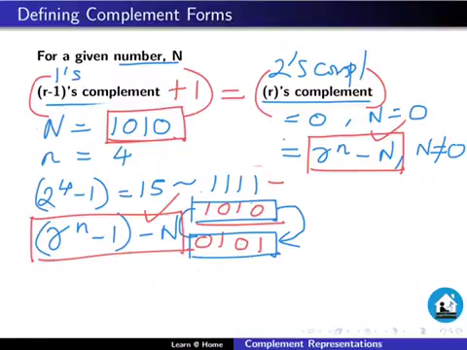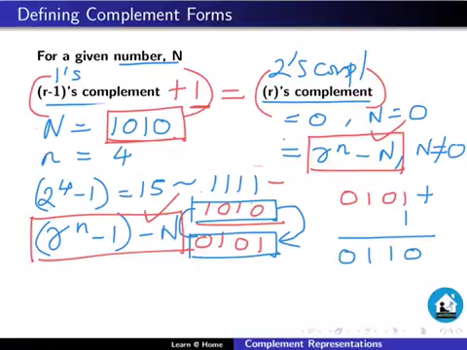And we have already found the 1's complement, that is 0 1 0 1. To find the 2's complement, I just need to add 1 to this number. So I add 1 with this number, then I get 0 here, and then there's a carry of 1, then there are no other carries.